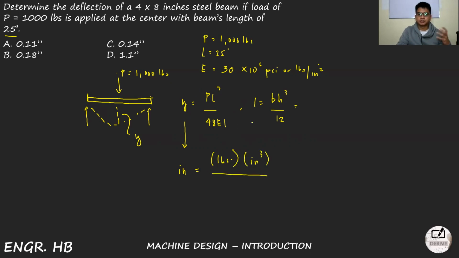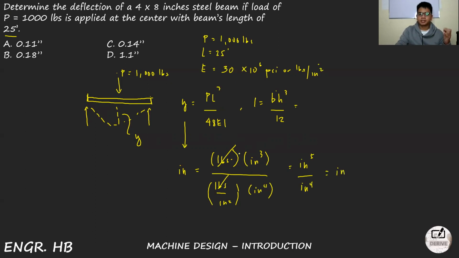E, the modulus of elasticity, is pounds per inch squared. I, with base and height in inches, will become inches raised to 4. So the pounds cancel, the inches squared go up to become inches raised to 5, and dividing by the bottom inches raised to 4 gives inches.